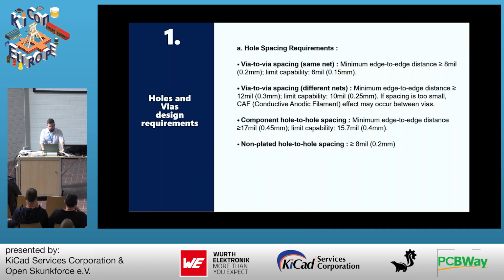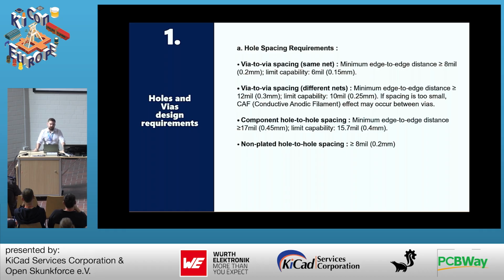First of all, I will discuss the spacing requirements. When we talk about the spacing between via to via on the same net, you have to respect 0.2 millimeter at least on our standard line, but it can be possible to try 0.15 millimeter.